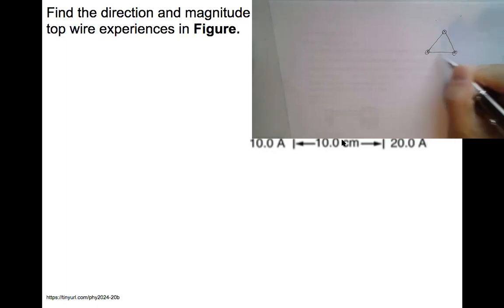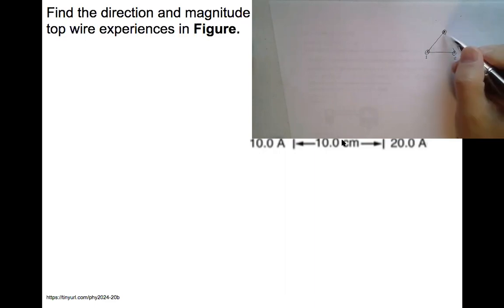Okay, so the cross means that currents are going into the paper. On the top here is a dot, that means the current is coming out of the paper. Now we are looking for the force on the top wire, so that means we'll be looking for the force by the bottom 1 wire and then the bottom 2 wire on the top wire.